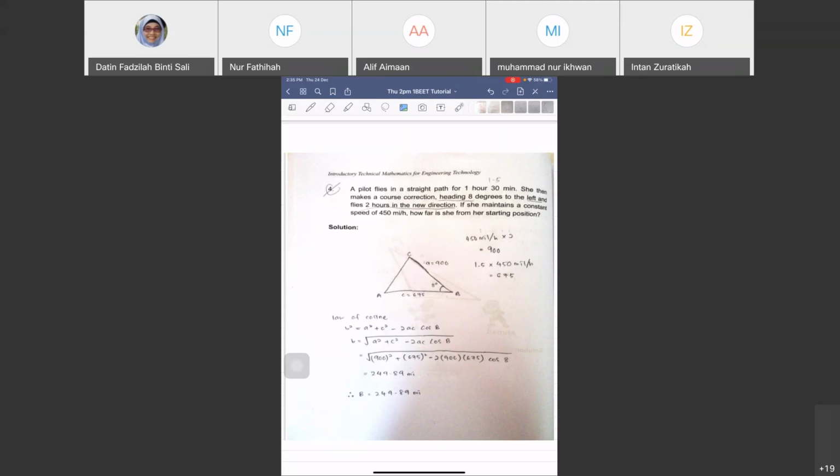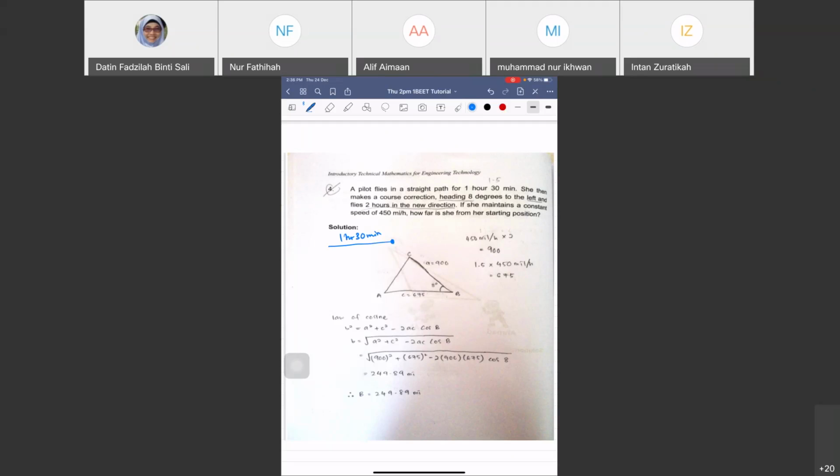Let's say the pilot starts from one point here, the starting point, and then flies in a straight path for 1 hour 30 minutes. So let's say it's a straight path to the left for 1 hour 30 minutes.